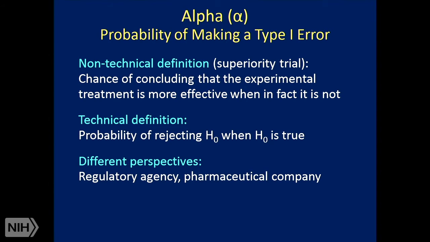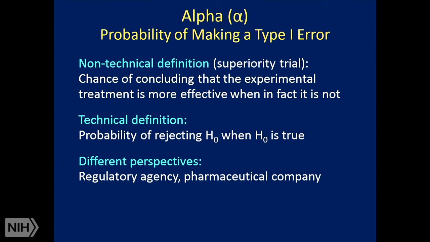So it wants to make sure that this kind of error is not made. Of course, it can't be 100% sure, but at least it wants to be able to say, if you, pharmaceutical company, are going to make a clinical trial, I want this alpha to be this much. Because it's very important to the FDA not to approve a medication that's not efficacious.